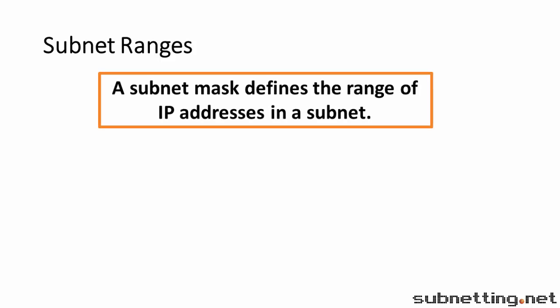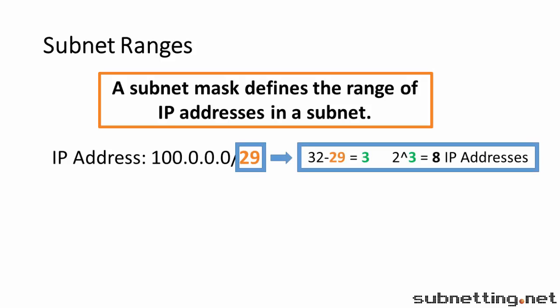Remember earlier in this lesson, we stated, a subnet mask defines the range of IP addresses in a subnet. Let's look at how this works. Here's an IP address with a subnet mask in shorthand notation. Remember that the /29 tells us that we have 32 minus 29, or 3 host bits. 2 to the third power is 8, so that means our subnet has 8 IP addresses in it.